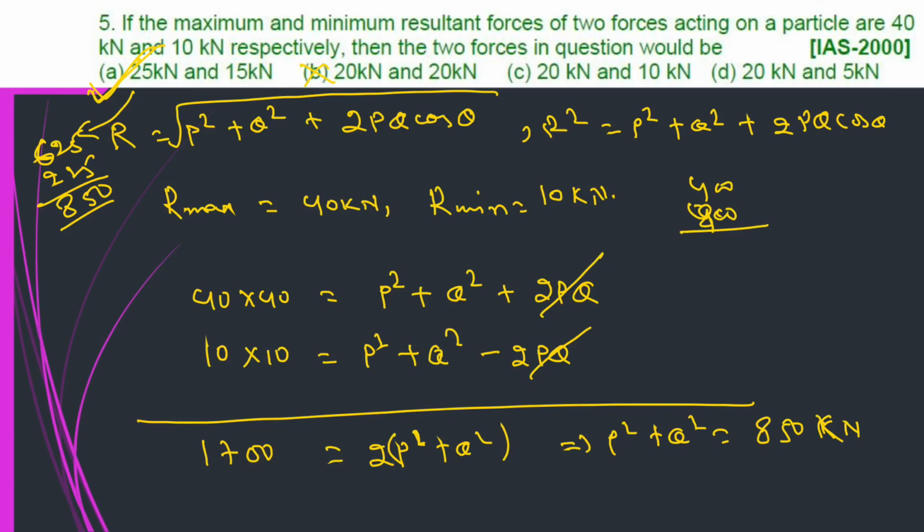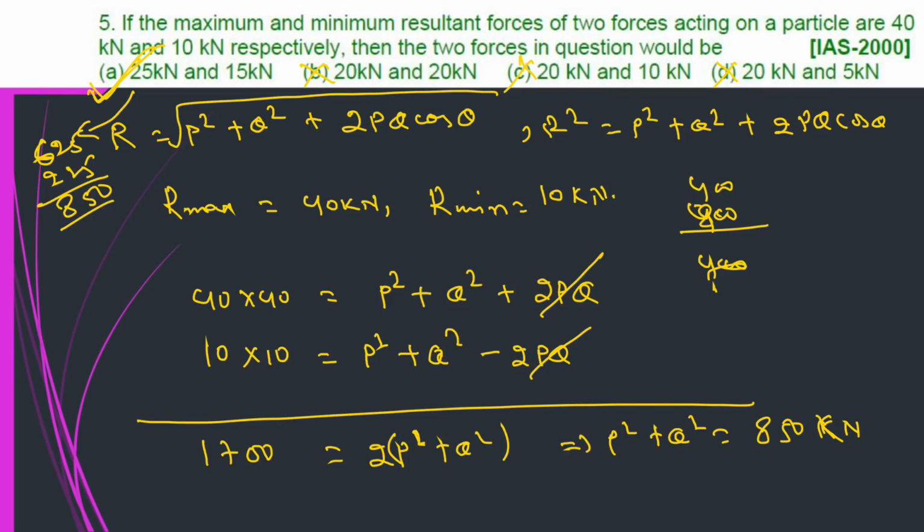Then your C, 20 square is 400, then 100, you will get 500, so this is also not possible. Then D, 20 square is 400 and 5 square is 25, so you will get 425. D also not possible, only A is possible.